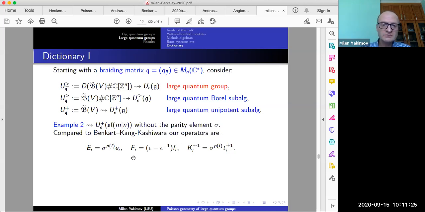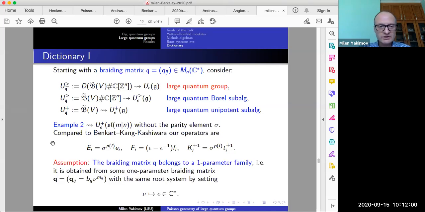Instead, the parity element sigma is incorporated into our generators E_i, F_i, and K_i, where some of them are multiplied by this power of the parity element, and p_i is the parity of the vertex i. It's 1 if the vertex is odd, and equal to 0 if the vertex is even. So this is the Benkart-Kac-Kashiwara algebra, and this is how exactly our algebras in this concrete situation are related to their algebra.